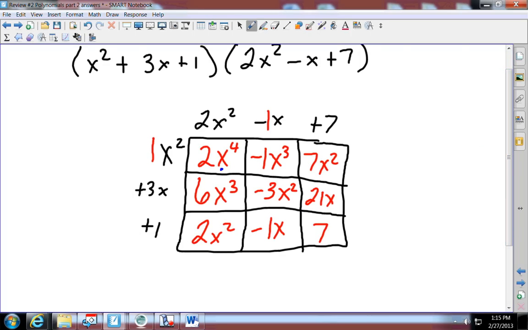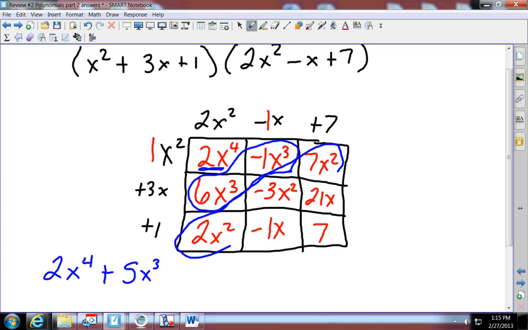Now, x to the 4th, there's only one of them, so it's 2x to the 4th. Now I'm going to put together my x cubes. 6 minus 1, that's plus 5x cubed. Then put together your x squareds.